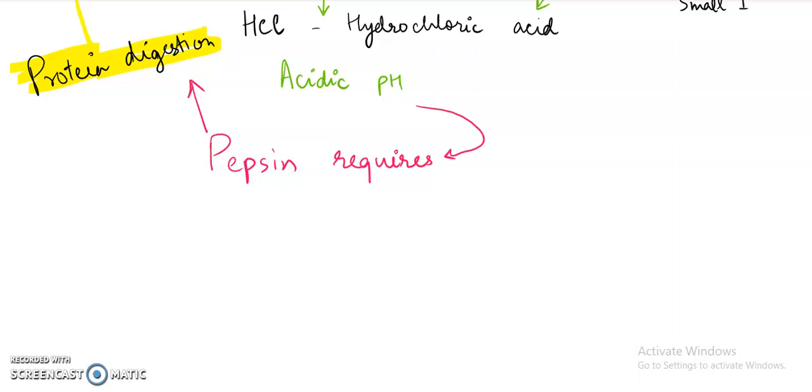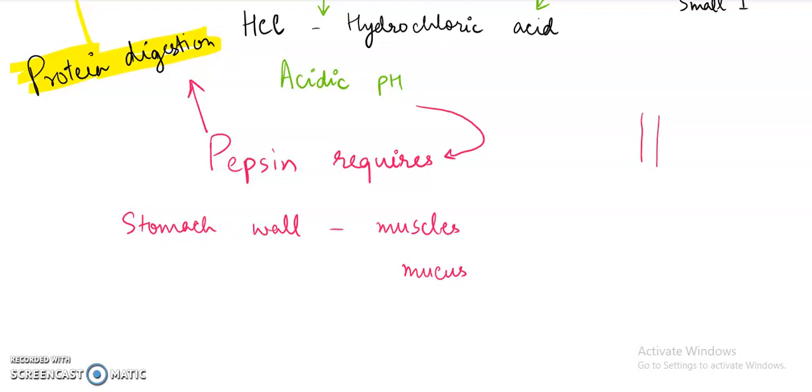So the stomach wall is lined by muscles, and mucus covers the stomach for protection from HCl. So it protects the stomach wall from HCl. Pepsin is the enzyme that helps in protein digestion, and HCl is the one that helps in maintaining the acidity.